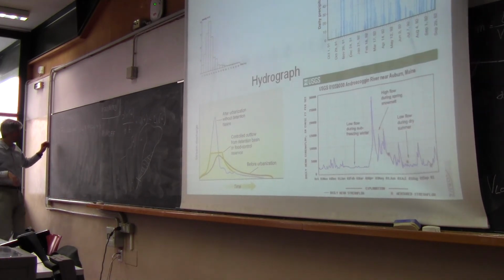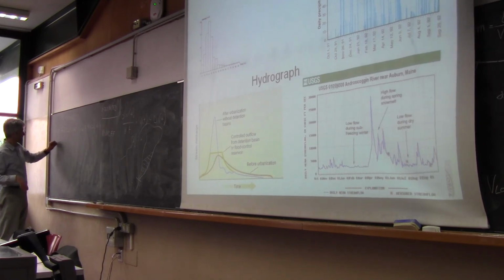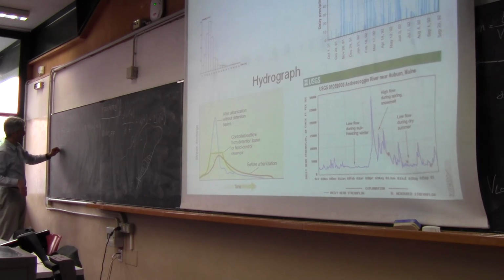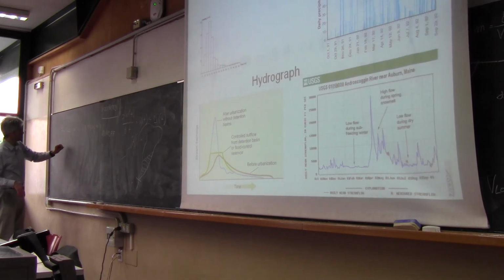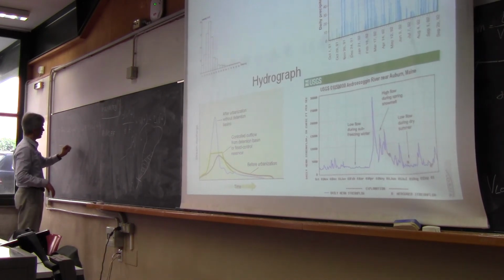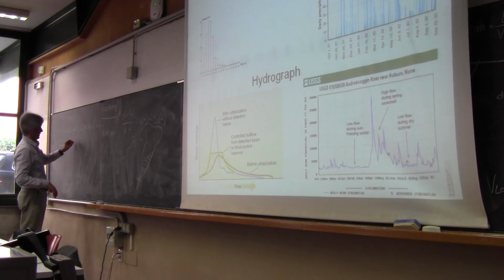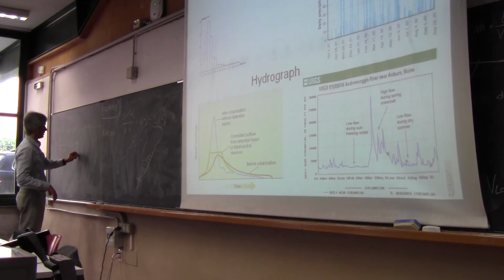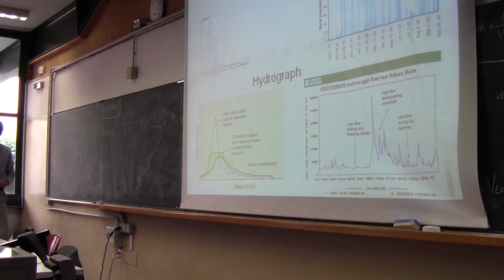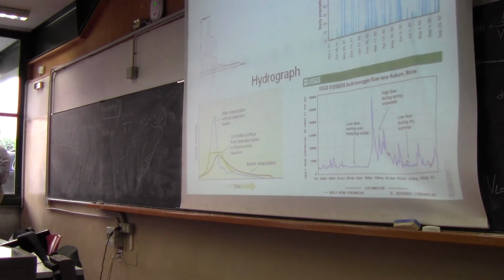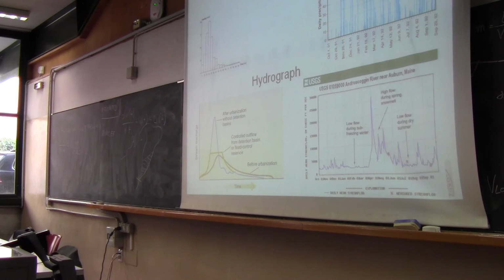So if you compute the lowercase q, which is 15,000 divided by 70,000, this is about 0.2 cubic meter per second per square kilometer. This is the unit contribution to the peak flow of this catchment. It's also called specific peak flow.